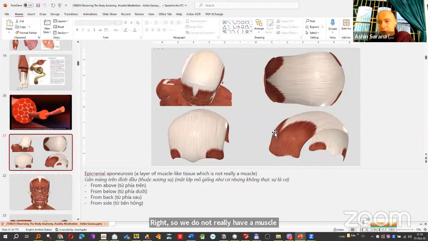We have a muscle in the forehead, but not at the top of the head. There is only sinew, this white thing. It's called aponeurosis, and it's something like sinew, but not exactly that. And then at the back of the head, it seems we have two small muscles. These muscles and the sinew, all of them are actually one piece, but we consider them separately because they're different kinds of tissue.